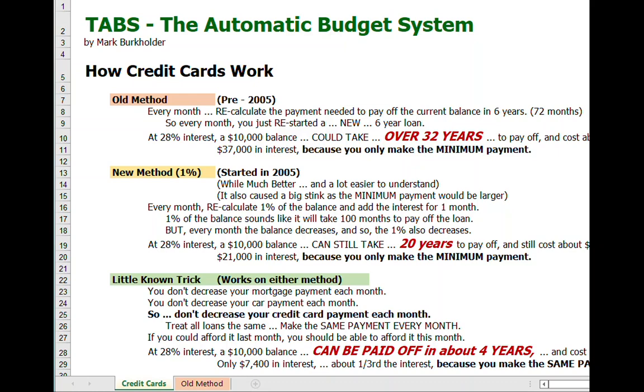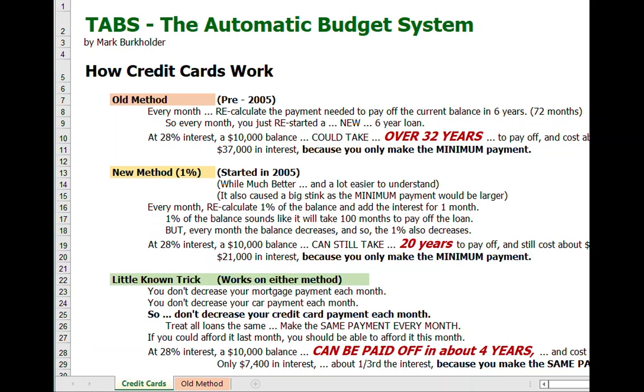As your balance goes down, your payment goes down. By recalculating and decreasing the payment every month, this has the effect of extending the payoff date. That way, they can make more money by collecting more interest.